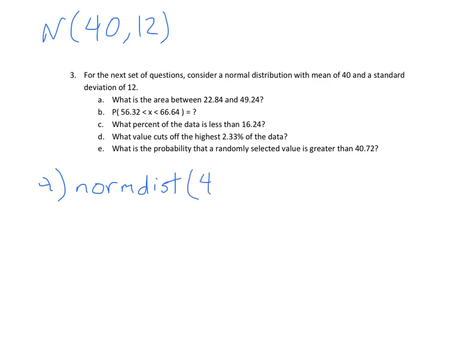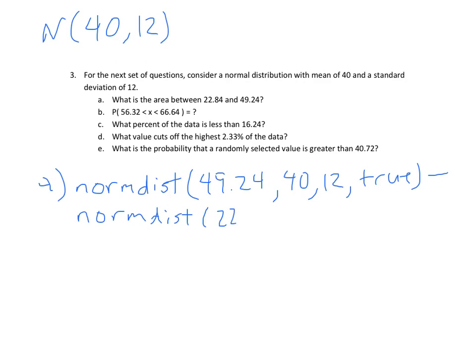So I'll do 49.24, comma, 40, comma, 12, comma, true, minus NORM.DIST 22.84, 40, 12, true. And when I simplified that, I should get 70.30. Okay.